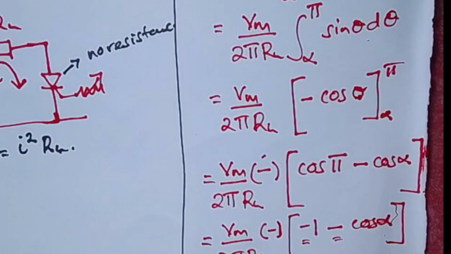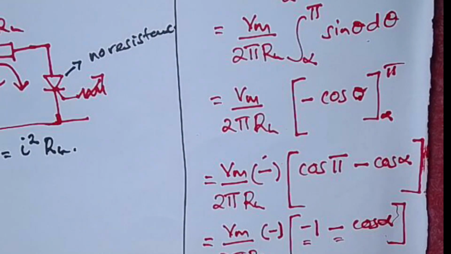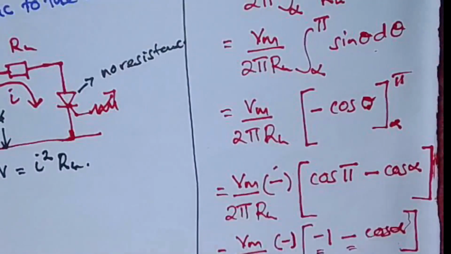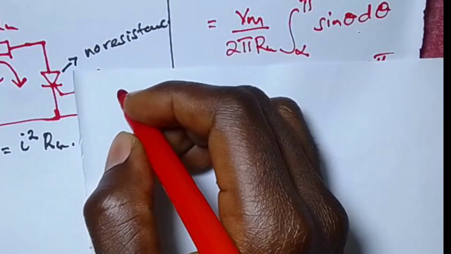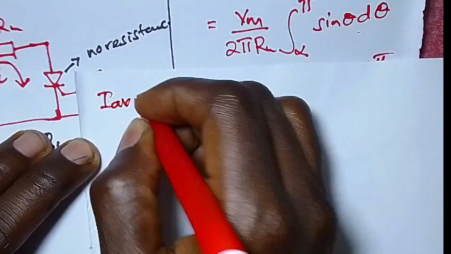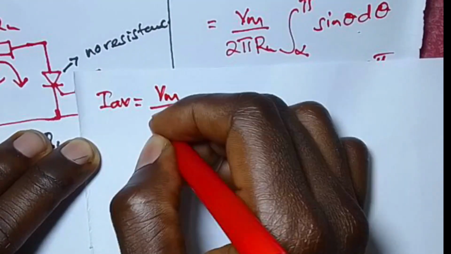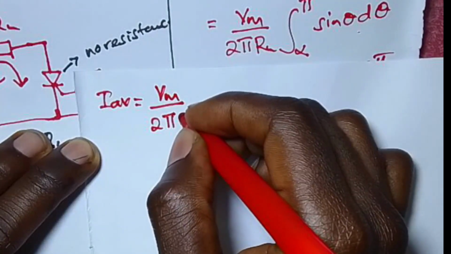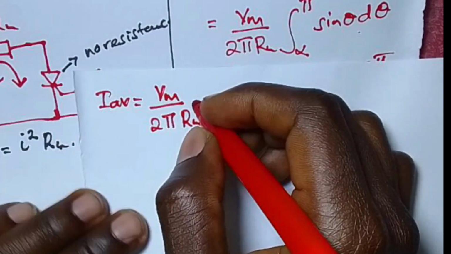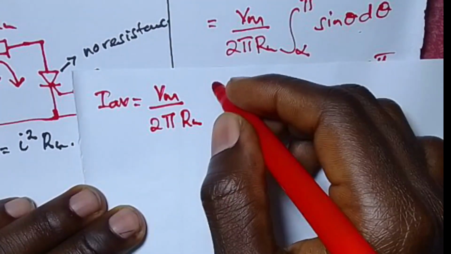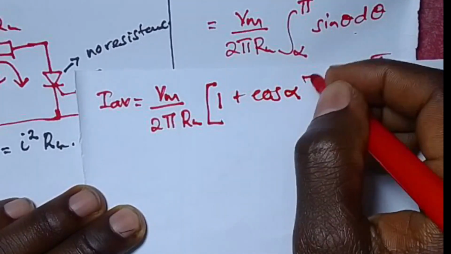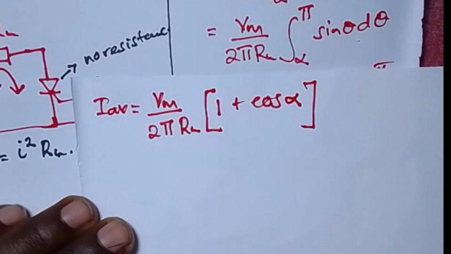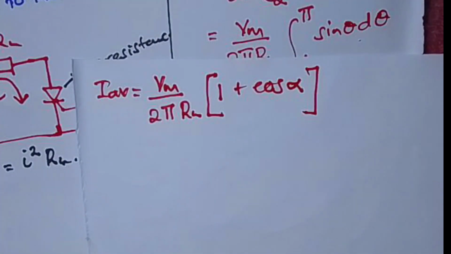And that will give us our final expression of the equation, which says that my I average is going to give us Vm over 2 pi times RL into, this was 1 plus cos alpha, just like that. And this is the equation that we use to calculate the DC current that is appearing at the load.